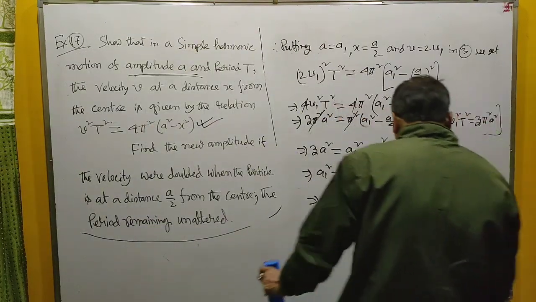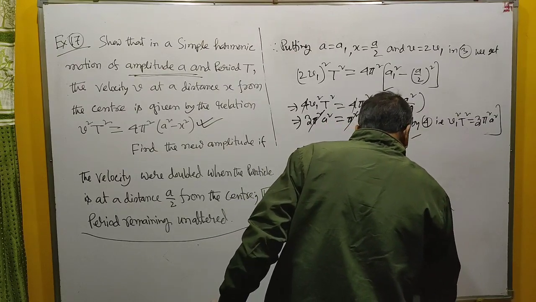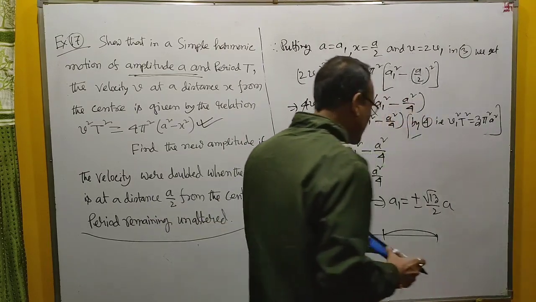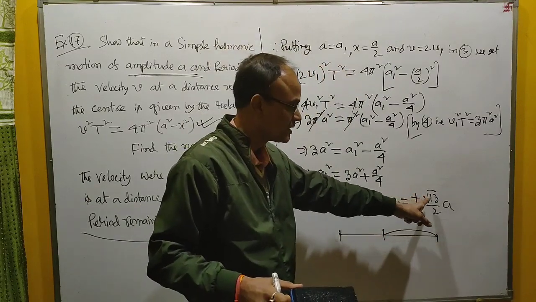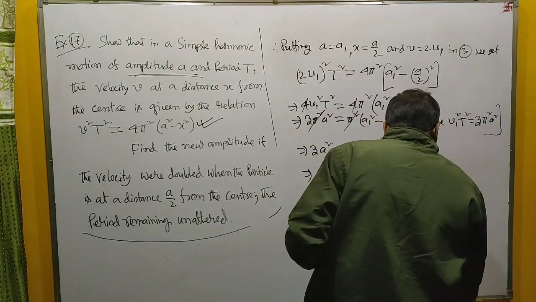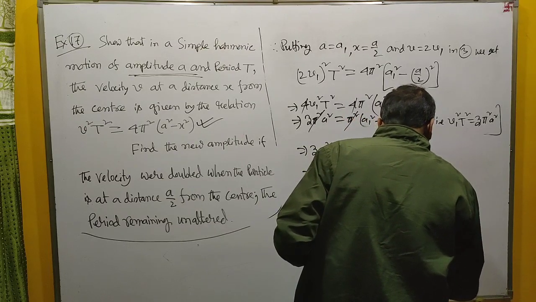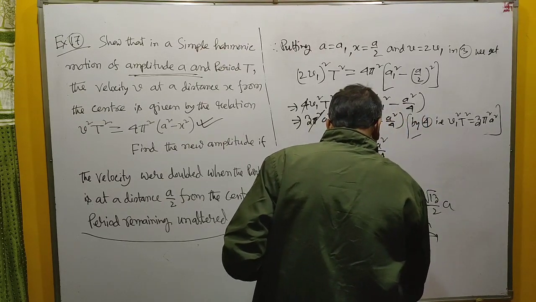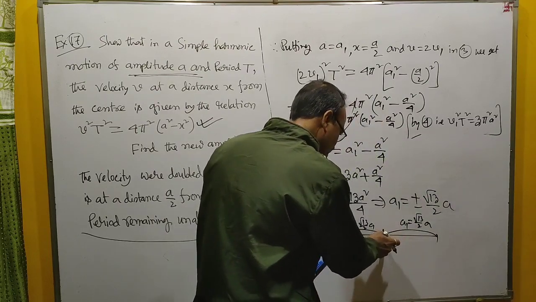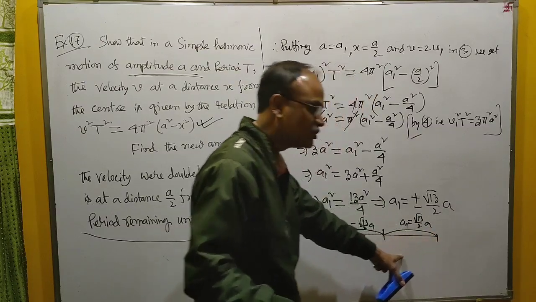Now from the center of force, you see the new amplitude. If the new amplitude is this A1, and this is the center of force, this is equal to root 13 by 2 A, and here also minus root 13 by 2 A. This is also amplitude, the distance from the center of force to the position of rest.